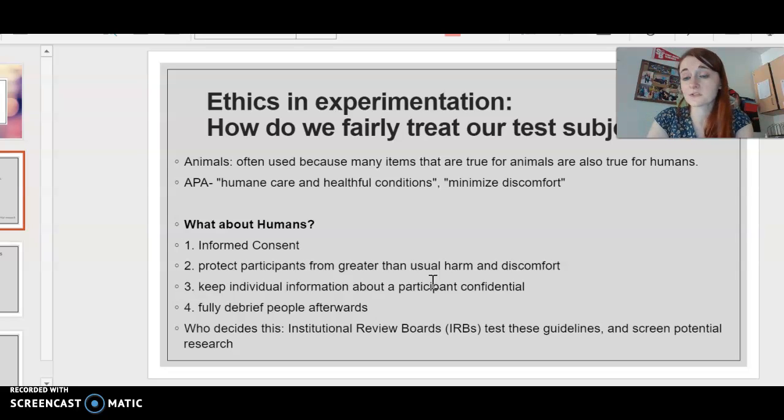They are boards that tend to establish themselves in colleges and they test these guidelines. So you basically would propose an experiment, kind of like the experiments that you guys already proposed. And they would go through and look at, have you considered all these ethical concerns, those 4 steps?